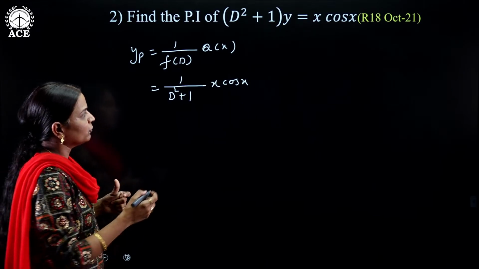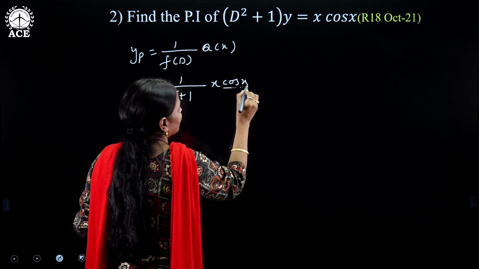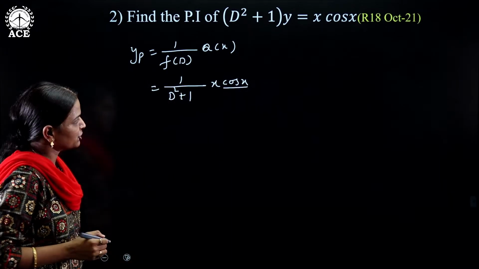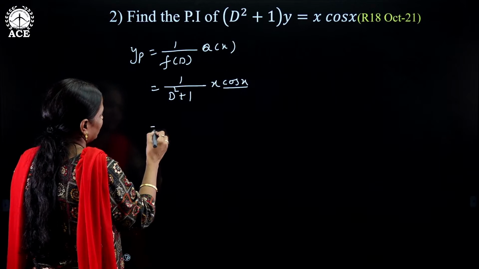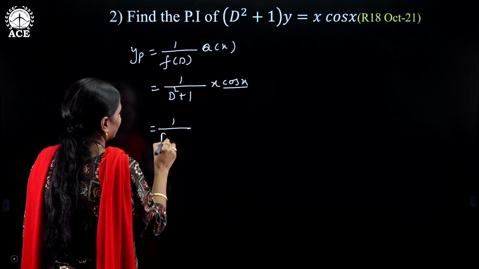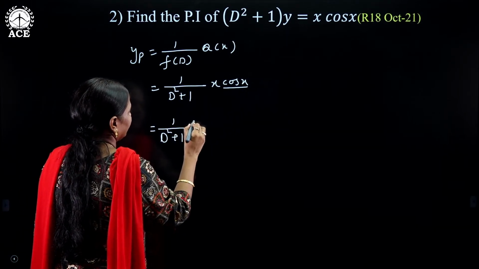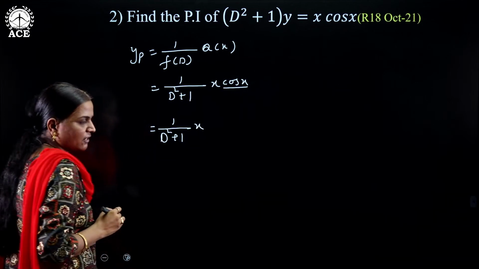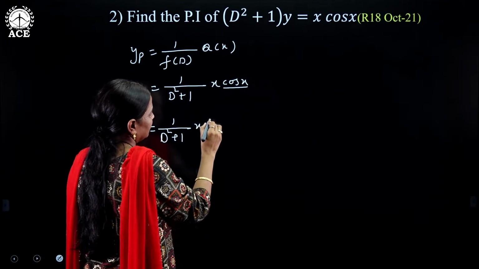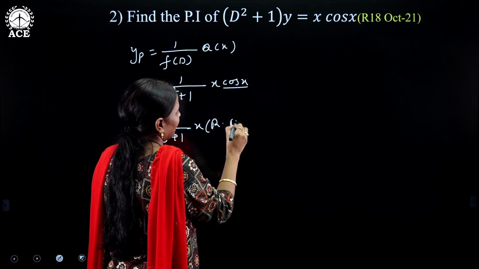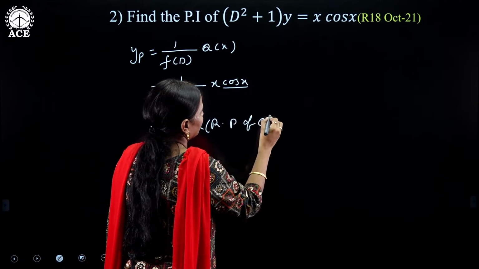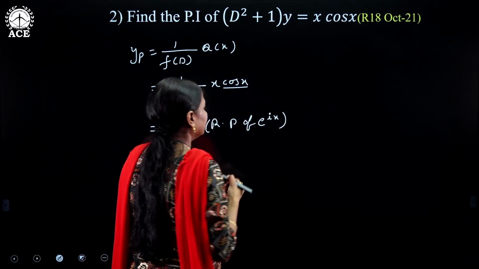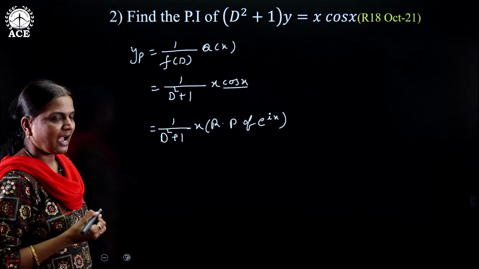Now how to write this cos x? Write this cos x in terms of exponential. So it is 1 by D squared plus 1 into x into cos x, which is the real part of e to the power ix.